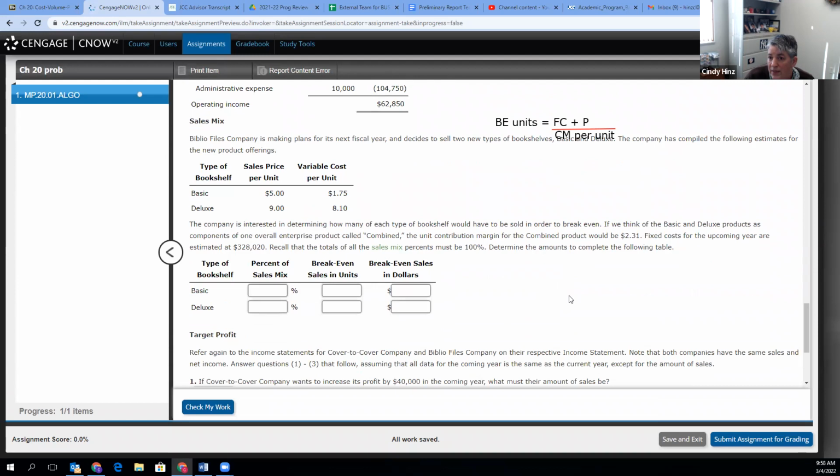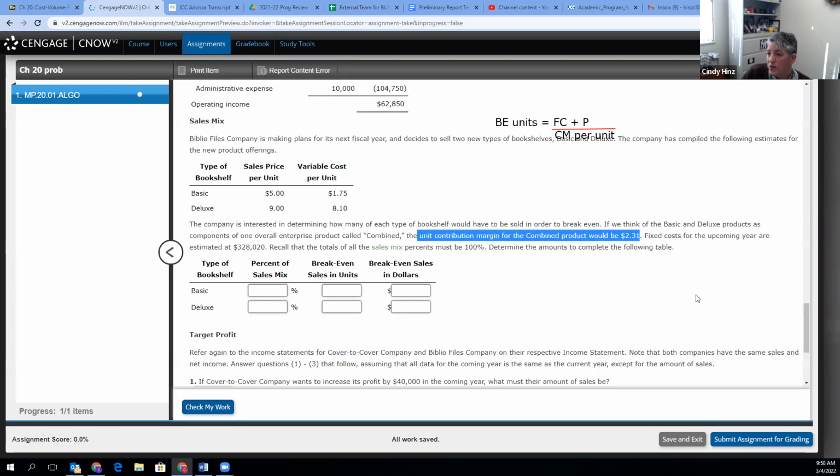And then we have a sales mix problem. Oh, okay, so we don't even have to calculate the weighted average contribution margin.